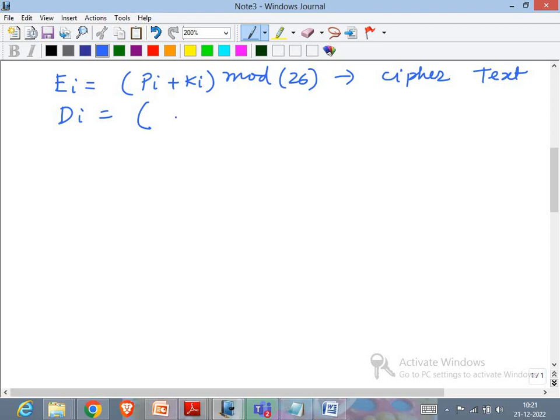I don't think we are going to use that much except for the calculation, and since we already had done it, EI minus KI mod 26, because the calculation part is almost the same as that of the previous example, so we can skip that part, to be honest, but the arrangement without any table is what we are going to discuss now. So this is without table.